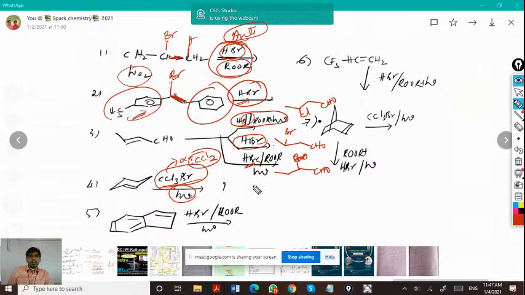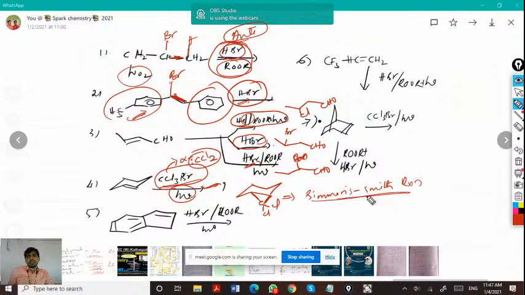So whenever a double bond and a carbene are there, it's going to give cyclopropanation, so a cyclopropyl ring is going to form. So this is not a simple free radical addition. This is carbene addition, which is an electrophile. These kinds of cyclopropanation reactions are called the Simmons-Smith reaction.